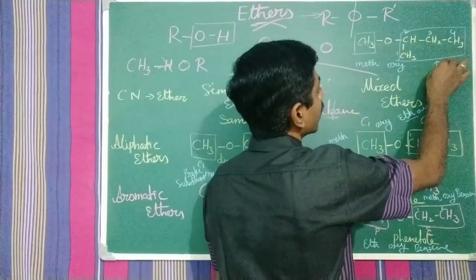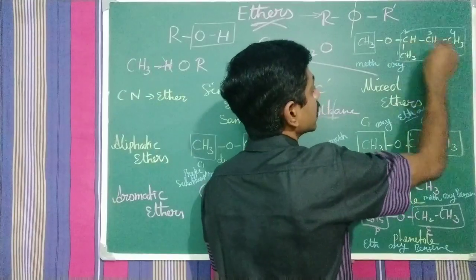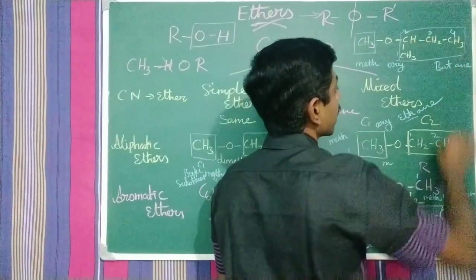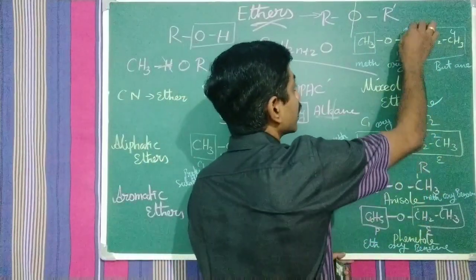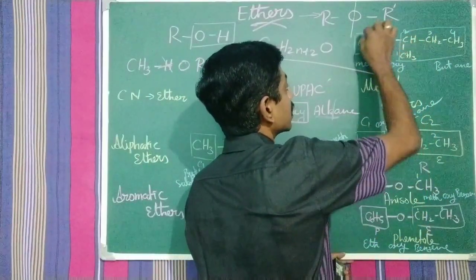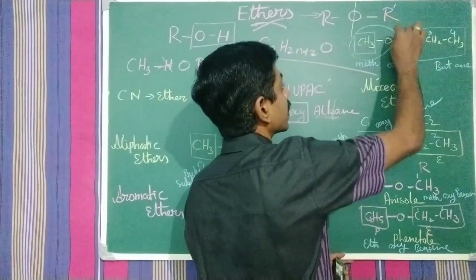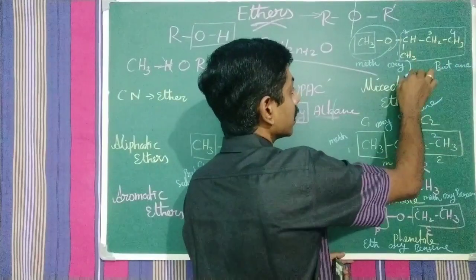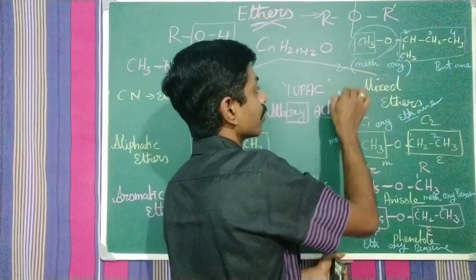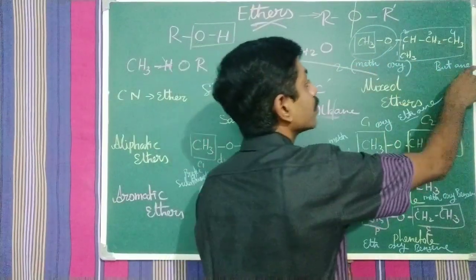So 4 carbon atoms, it is but, single bonded, so the name ends with ane. So this is called butane. In that butane, the methoxy group, the whole group, is attached to the second carbon, so we call it 2-methoxybutane.